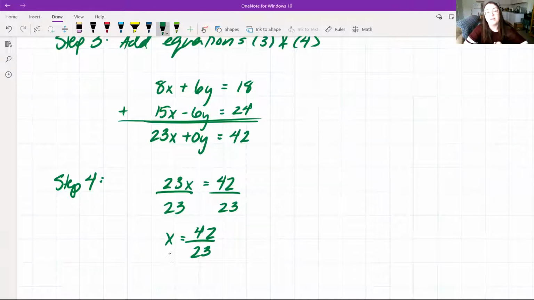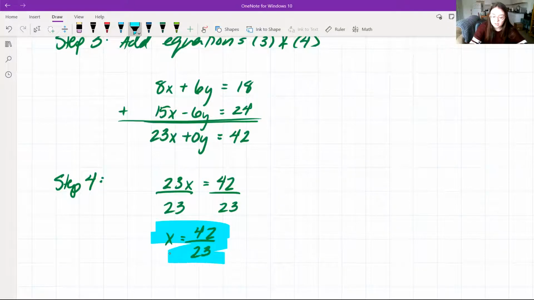And now if we want to find the value of y by plugging in x, it's going to be really annoying, because x is, quite frankly, an ugly fraction. It's going to be difficult for us. So what we can do instead is use our elimination method again. So now we know what x is, so we're going to go back and try to solve for y.